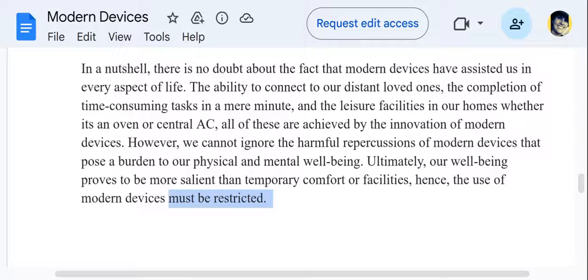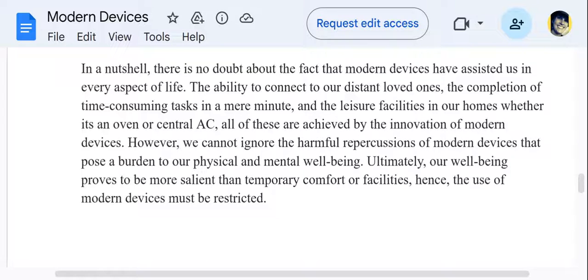It may be that the use of modern devices should be respected or maybe limited, but this use of restricted has a stronger tone. Great use of transition words: however, ultimately, hence. My only issue is this little word here, restricted, and just the connotation of that word.